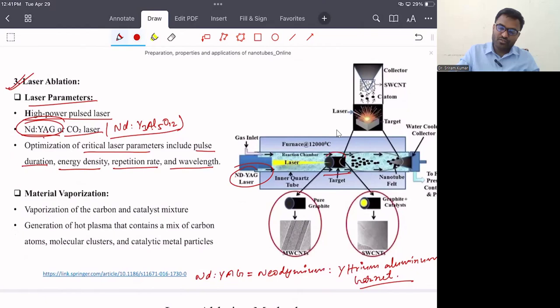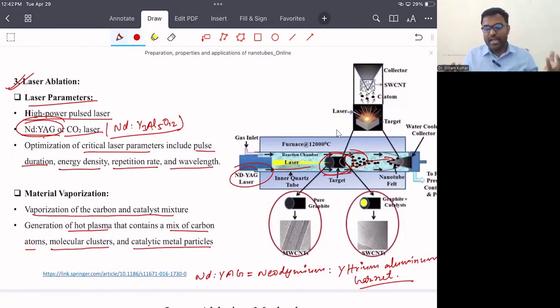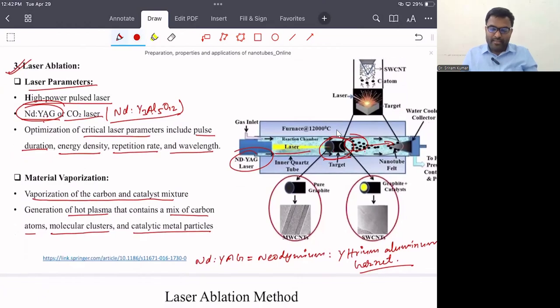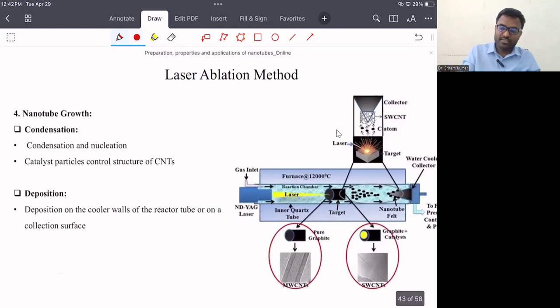So we have this target, and when we put the high power laser on it, evaporation happens, and there is formation of plasma, which gets deposited on the collector. Here the vaporization of the carbon and the catalyst mixture happens, because the target may have only graphite powder or be mixed with catalyst, and there is generation of hot plasma, a mix of carbon atoms, molecular clusters, and catalytic metal particles. This plasma gets condensed on the collector.